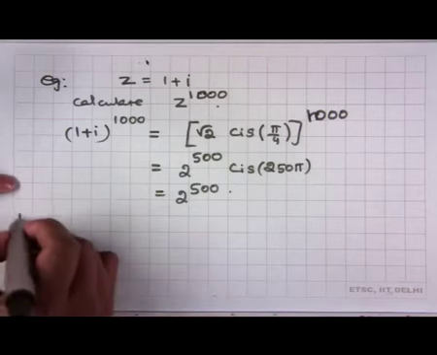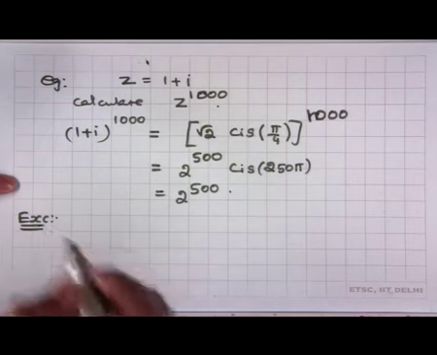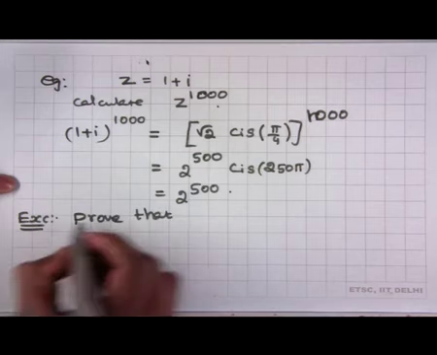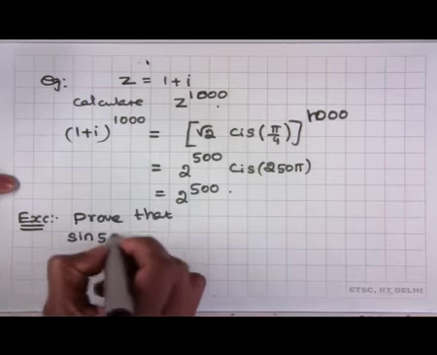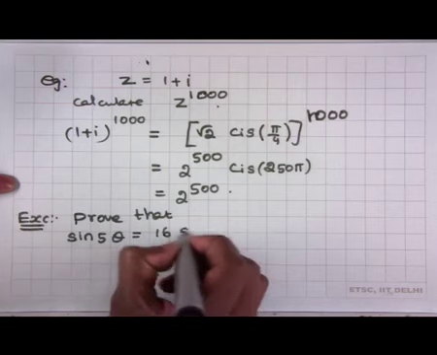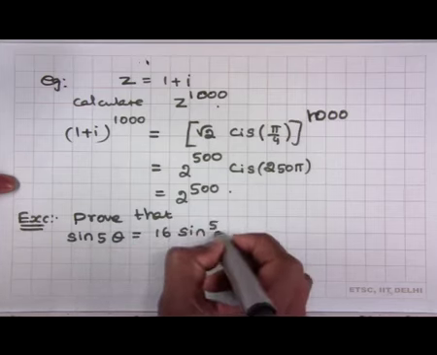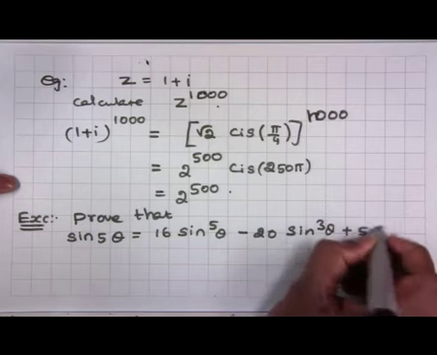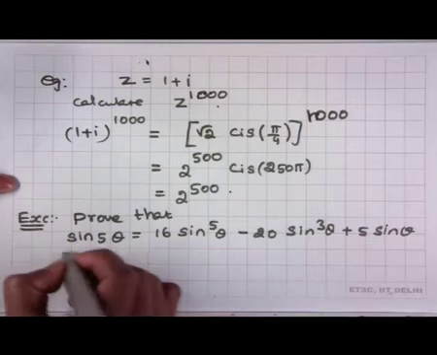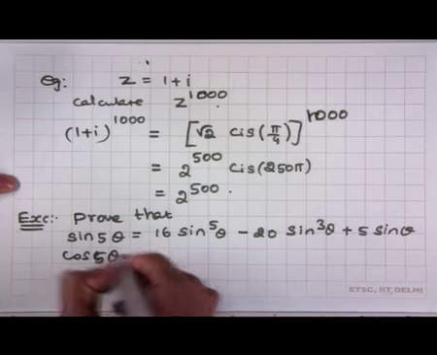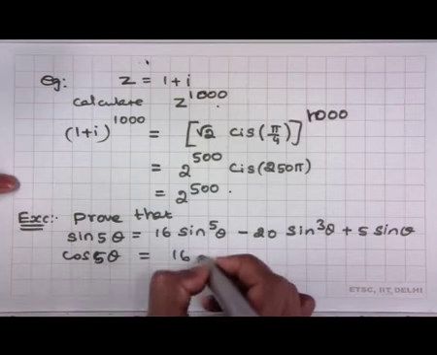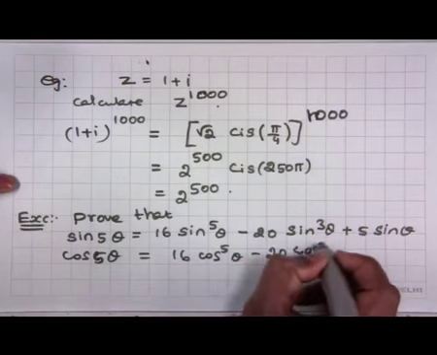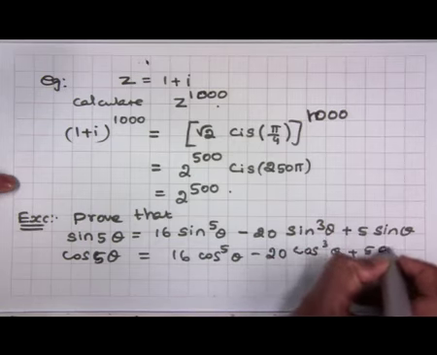One simple exercise for you: prove the following identity: sin 5 theta equals 16 sin power 5 theta minus 20 sin cube theta plus 5 sin theta, and cos 5 theta is given by 16 cos power 5 theta minus 20 cos cube theta plus 5 cos theta.